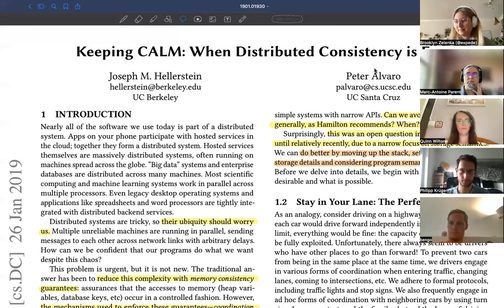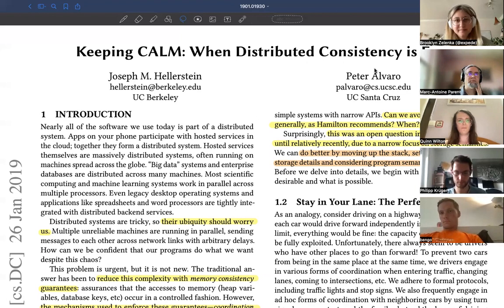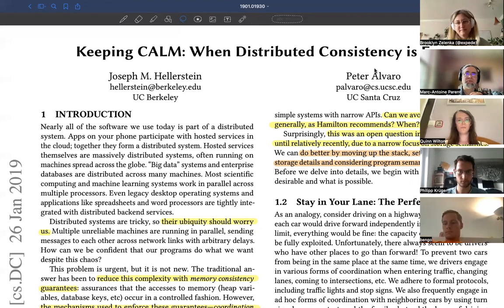And so they sketch out an overview of the proof, which involves defining an execution environment where they're doing a transducer, where every machine goes through a loop of receiving updates, applying them using their internal relational database, and then forwarding relevant updates out to the other machines that they're aware of.